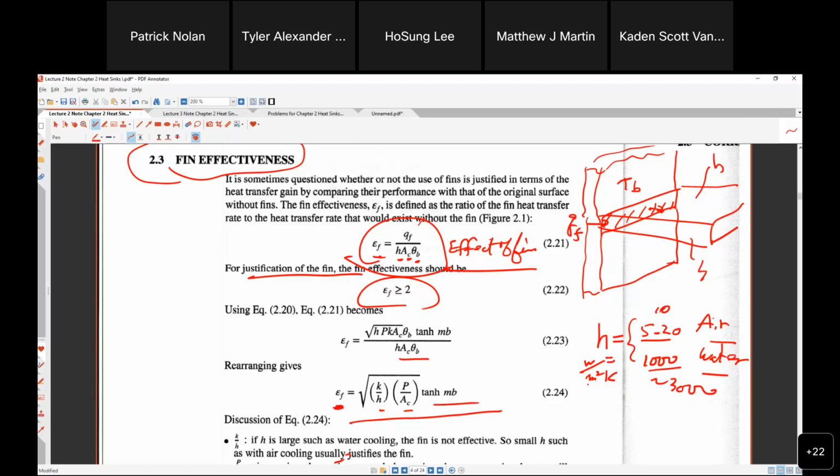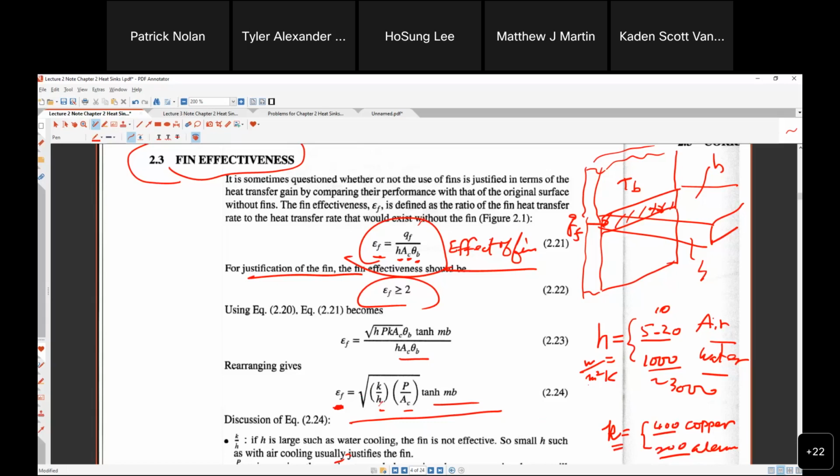So what is k of copper? Anyone? Aluminum? It's about 400 for copper, about 200 for aluminum, something like that.